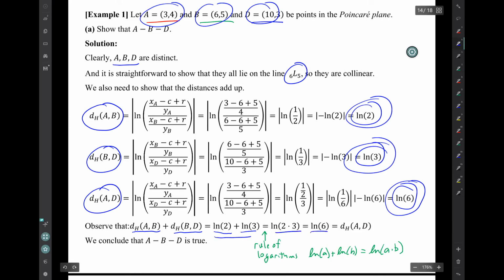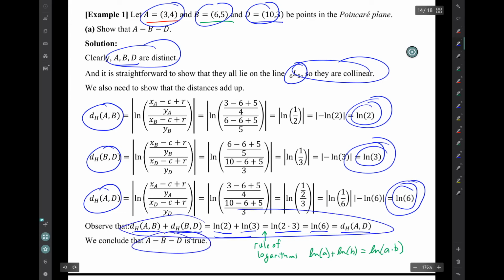But that's just ln of 6, and that's the distance from A to D. So we conclude that since the points are distinct and collinear, and the distances add up, that we can say that B is between A and D.